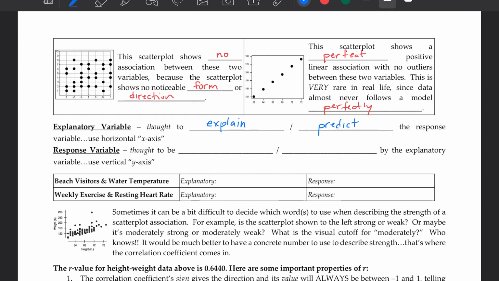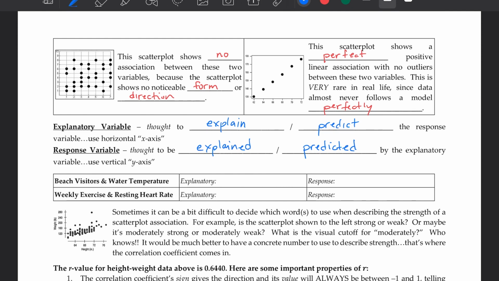It's not always a perfect thing, as we saw in our scatter plots. It's not perfectly a positive association there, but it does a pretty good job at trying to explain or predict that. And then along the y-axis, we call that the response variable because it is being explained by or predicted by that variable along the x-axis.